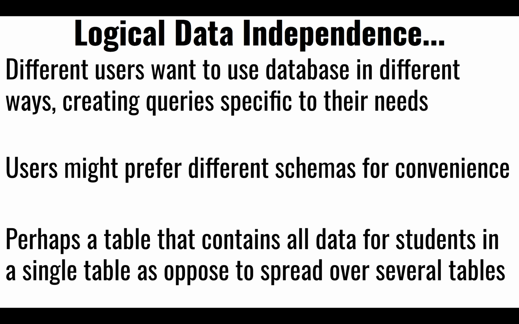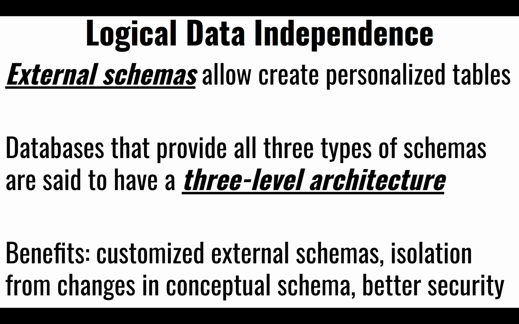Typically, databases will also provide mechanisms that allow us to represent the data not as it's physically stored, but instead to interact with the data in the way that is convenient to us.